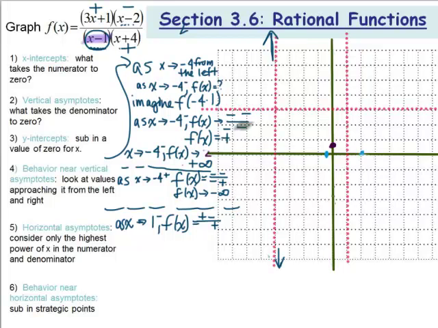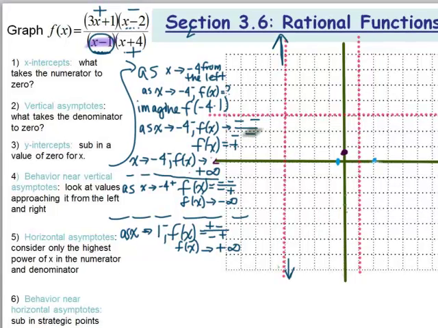We're imagining 0.9, so 0.9 minus 1 is going to be a teeny bit negative. Negative over negative is going to be positive. So f of x approaches positive infinity. We go to the left of 1 because that's where we were calculating, and we make an arrow indicating that it's going to go forever when we are to the left of 1.